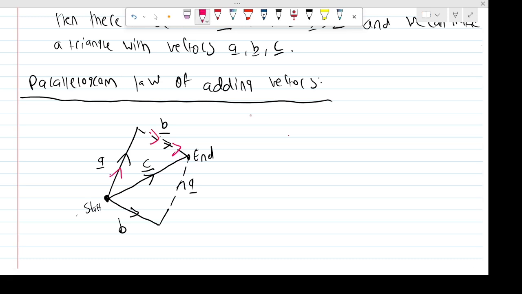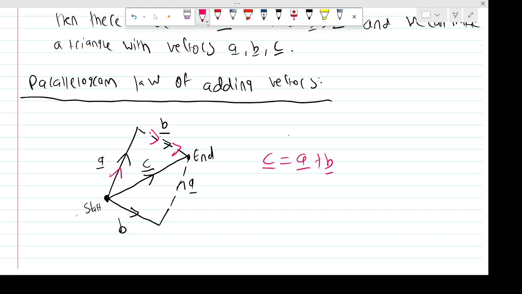So we can also say that C is A and B. Let me do that. I'll leave it in pink. So C is A and B, and we can get the total of A and B that way. So that's what we mean by adding vectors. If we have two vectors A and B, we can add them alternatively in this way by forming a parallelogram.